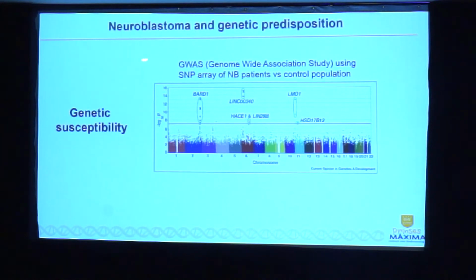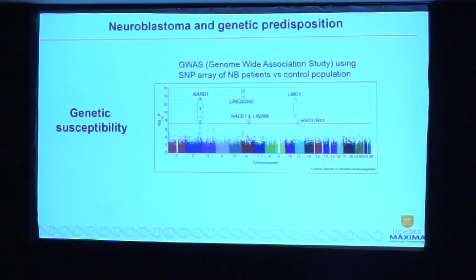So genome-wide association studies, you use a large amount of SNP arrays of neuroblastoma patients and compare that to a control population, and then you can see whether certain SNPs are enriched in neuroblastoma. And there's some interesting candidate genes, so BARD1, LMO1, recent second study, LIN28B, which we also saw as an amplified gene. So there's several interesting candidates.